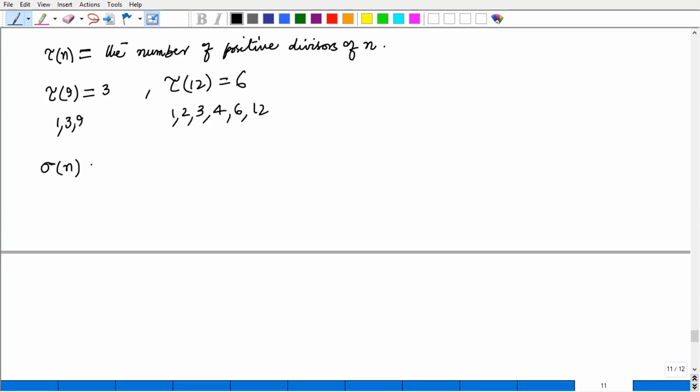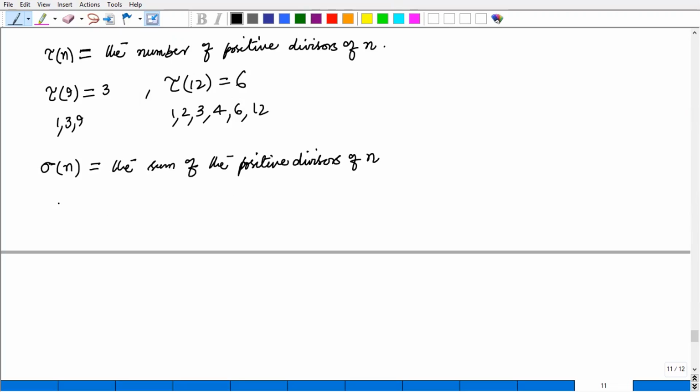Sigma of n is the sum of the positive divisors of n.